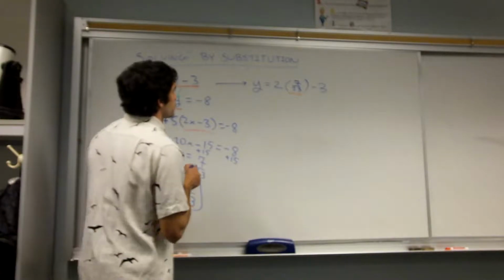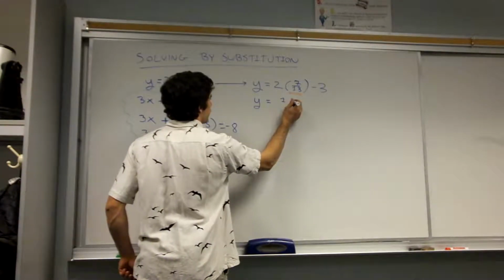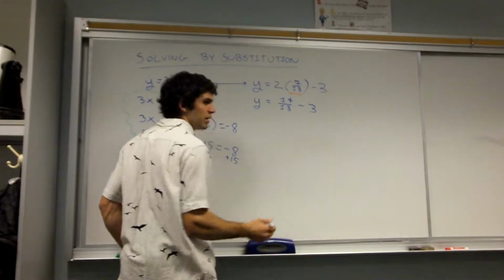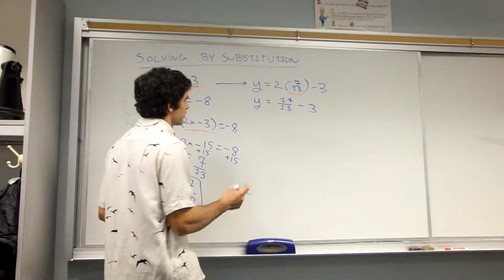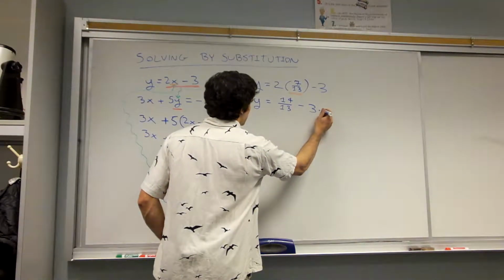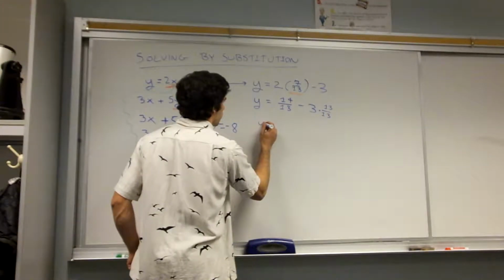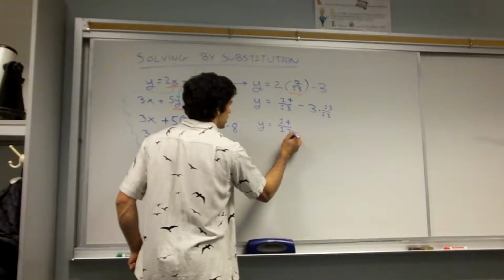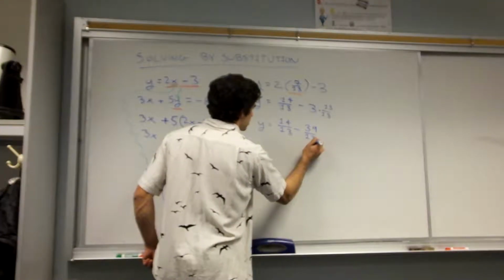So now, if we solve this equation, we get y is equal to 14 over 13 minus 3. So we just have to do a little bit of addition of fractions, which 3, if we multiply it by 13 over 13, we get y is equal to 14 over 13 minus 39 over 13.